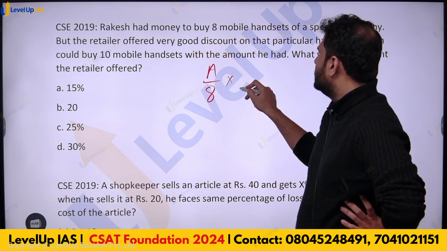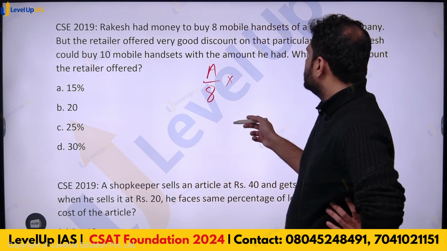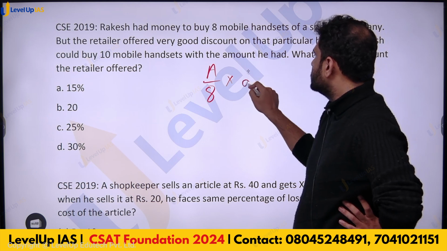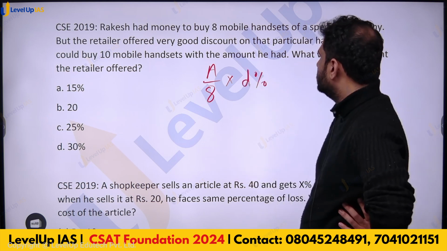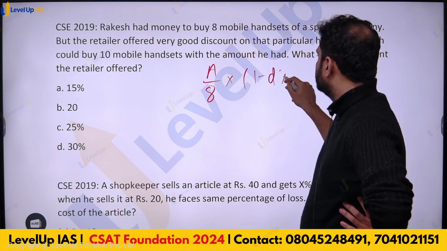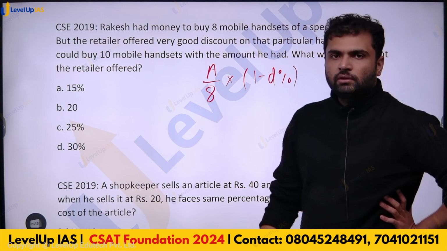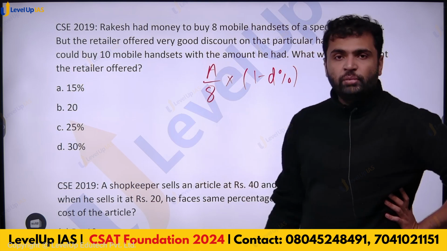Let us say D%. So this is how much discount he was offered. So this is the price, 1 minus D%, the per mobile phone Rakesh has to pay now.